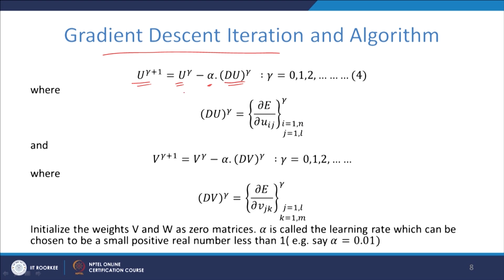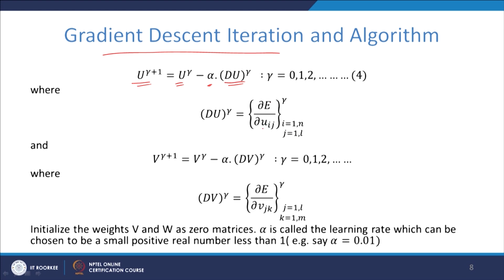E is the error, which is a function of U and V, where U and V have the elements u_ij and v_jk as shown in the previous slide.